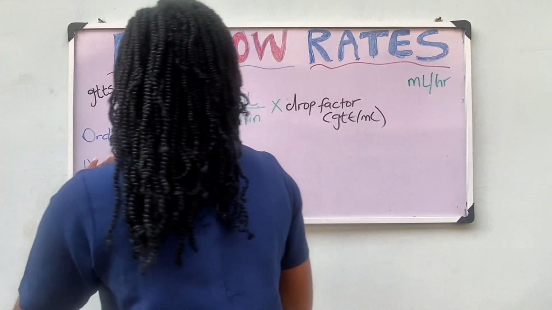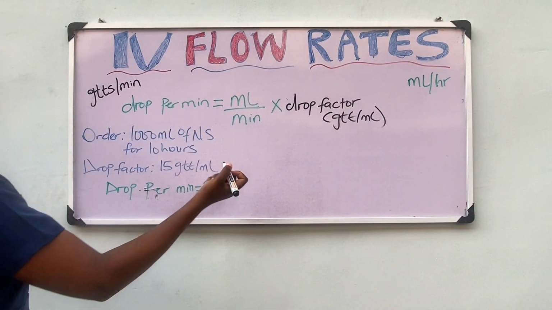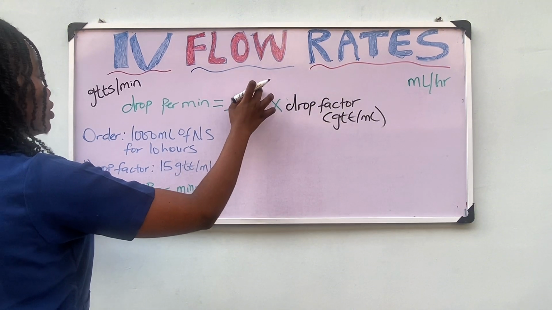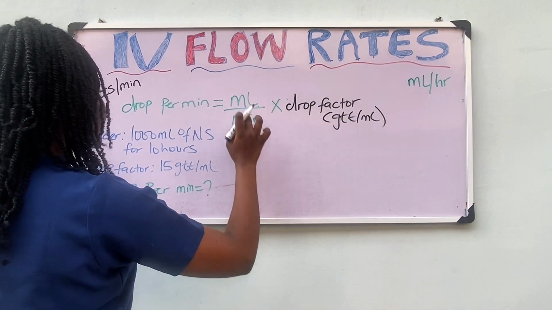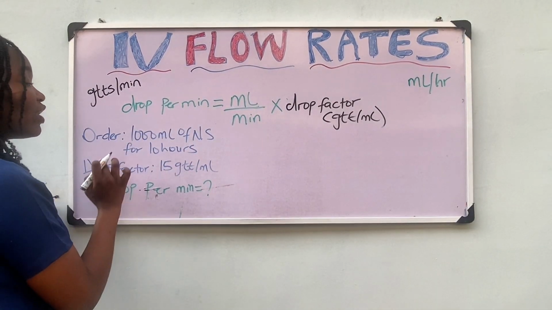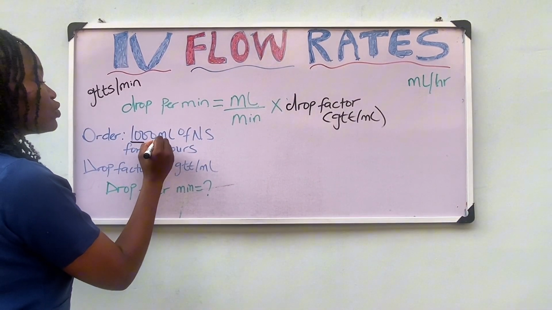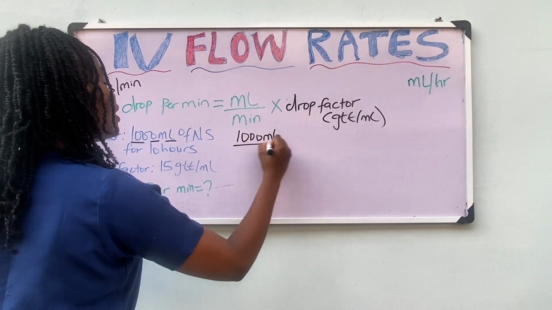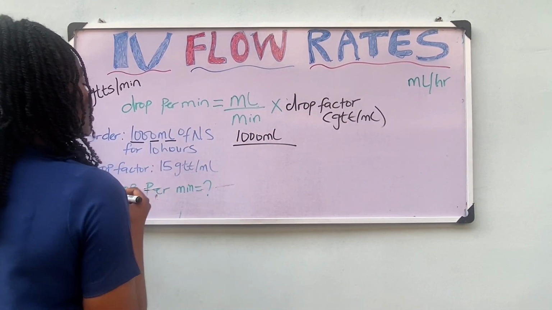All right, so let's use what we have here to solve this question. To solve for drops per minute, we calculate the volume divided by the minutes, and the volume unit should be in mL. We do not need any conversion here because the volume given to us was in mL. So we have 1000 milliliters divided by 10 hours.